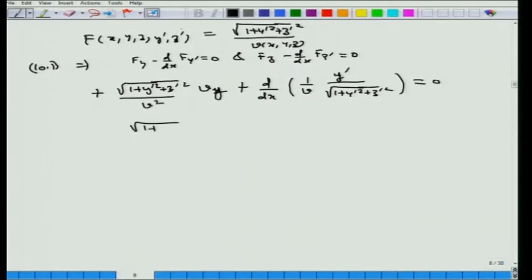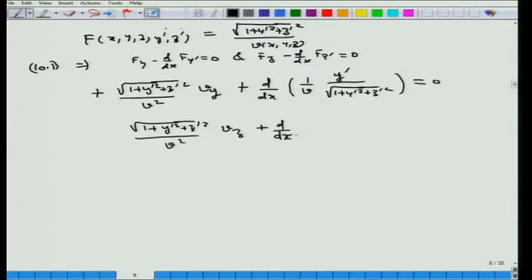So, the square root of 1 plus y prime square plus z prime square over v square and v z plus d by dx of 1 over v times z prime over the square root of 1 plus y prime square plus z prime square.